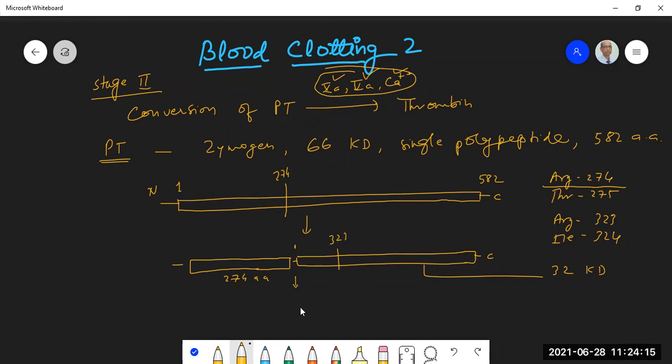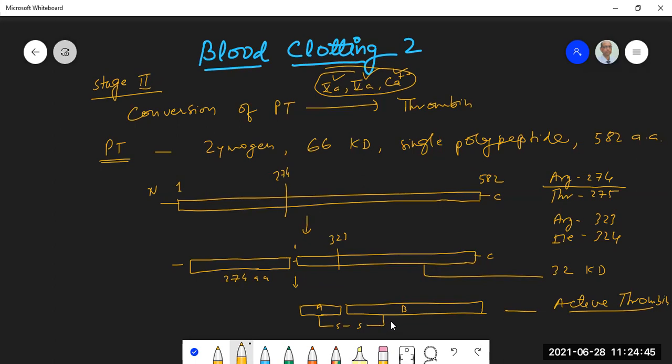You get, this is called fragment A. This is called fragment B. And these two are joined by an interchain disulfide bridge. Okay, this is active thrombin. This is how prothrombin is converted to active thrombin.